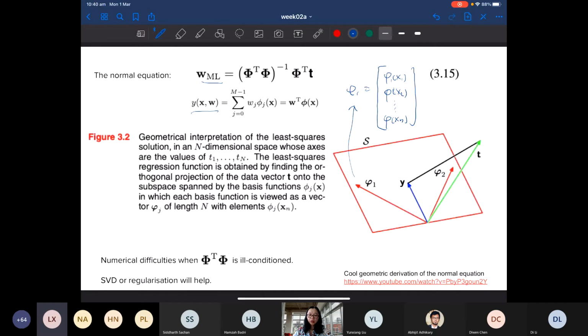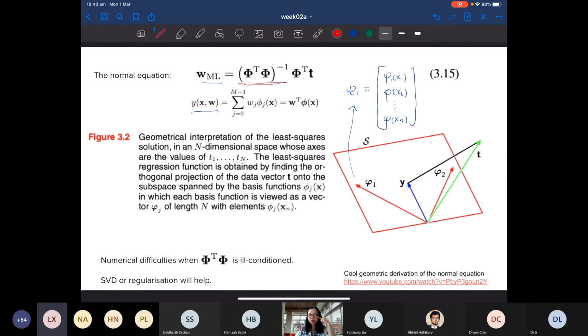What the normal equation also tells us is that the good news is that, as some of you said, there is an analytical or closed form solution of the maximum likelihood of the weights given the input. But the bad news is that there is a matrix inverse.